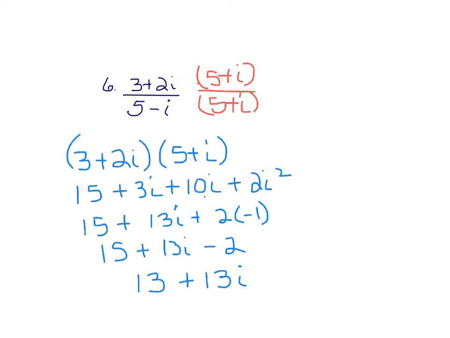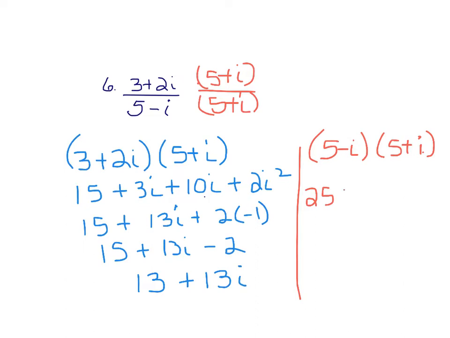Now, just like we saw in the previous question, whenever we multiply a complex number by its conjugate, the i's cancel out. And essentially all we're doing here is first and last, but again, I'm going to do the entire FOIL. So first gives me 25, outside gives me plus 5i, inside gives me negative 5i, and last gives me negative i squared.